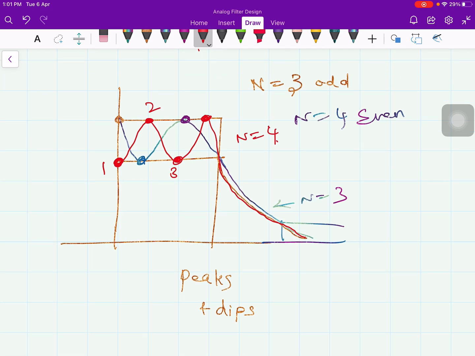Considering omega equal to 0 as either a peak or a dip, because the function is even, it starts from here, and then goes to this point and this point. Therefore 4 peaks and dips.